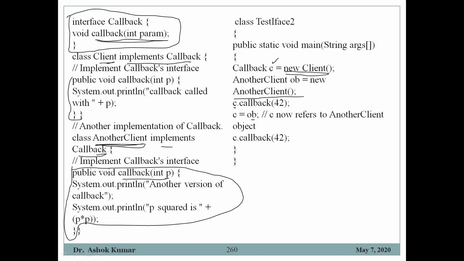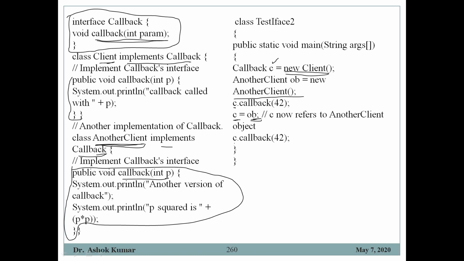Then we are assigning the reference of another object to C, because C is an interface that is implemented by both the classes. So you can assign the object of the second class to the reference of callback interface type.